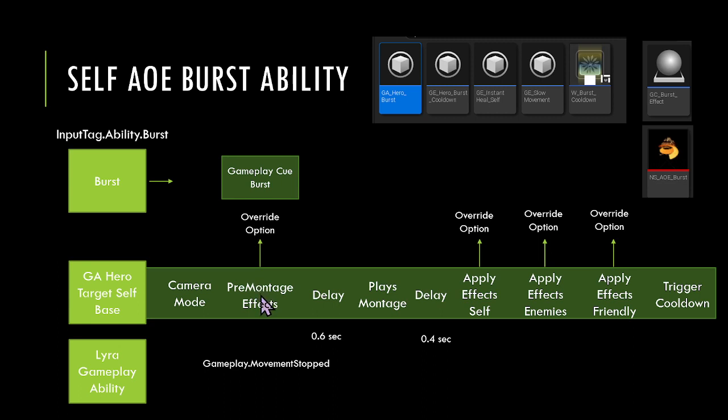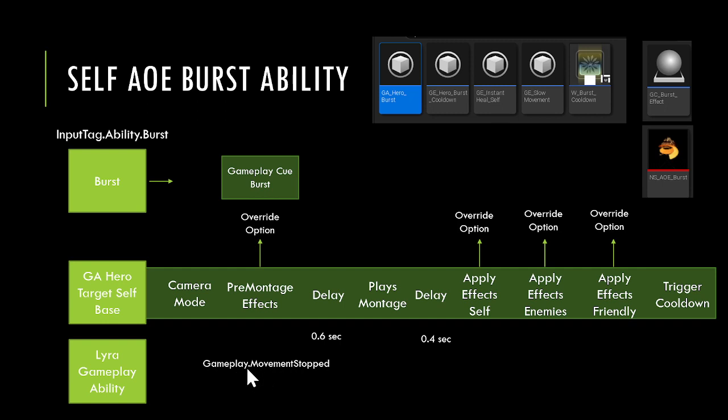In our example, we're going to be using that child class to override and actually play a gameplay cue, which shows the particle system. At the same time, we're going to be applying the gameplay movement stopped to all actors within radius. This doesn't actually stop them, it slows them, even though this is what the tag is written as. The result is that they slow.